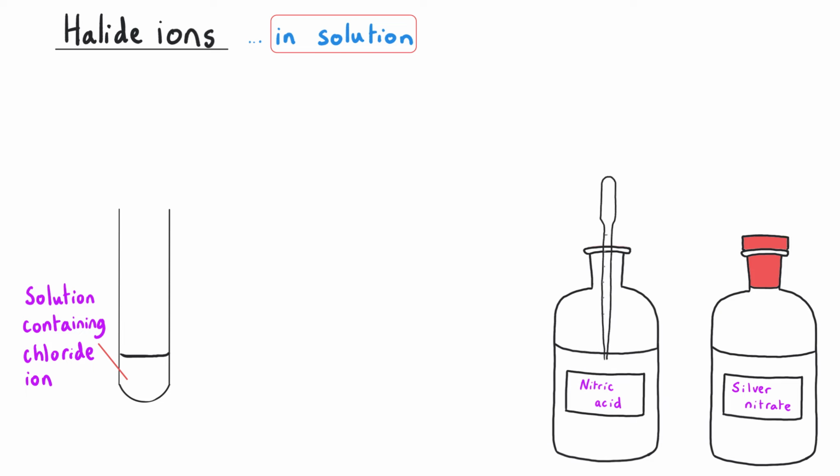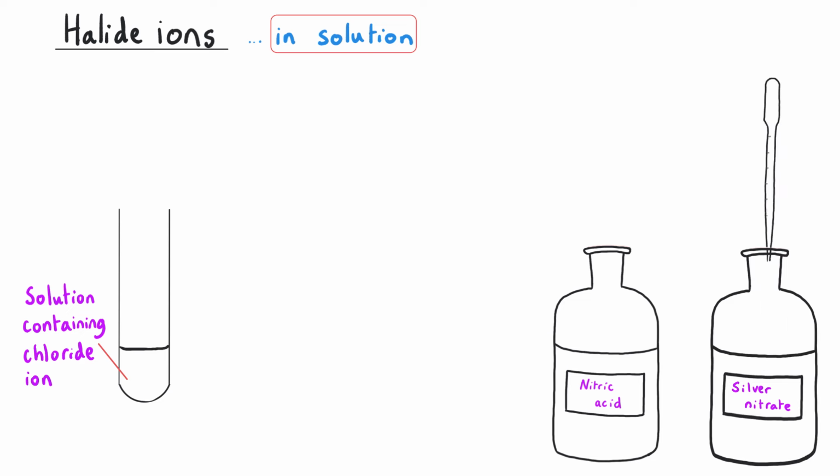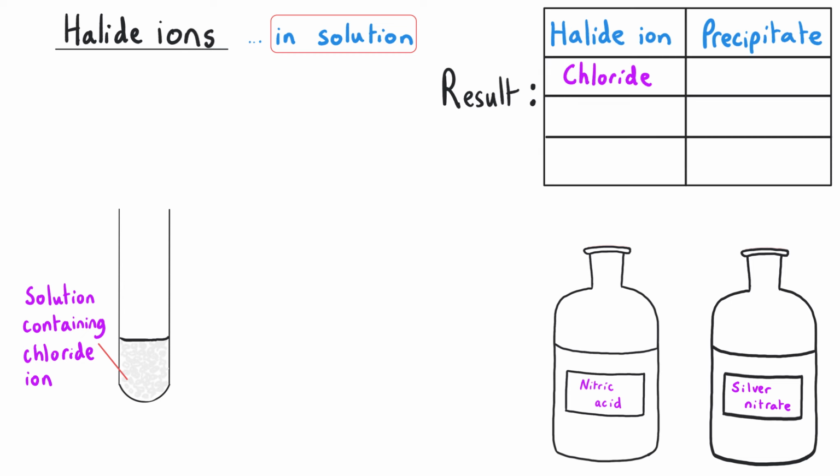When we add some nitric acid to our test tube, nothing observable is likely to happen, but when we add our silver nitrate to the test tube, we will produce a precipitate, and the precipitate will be a distinctive colour.